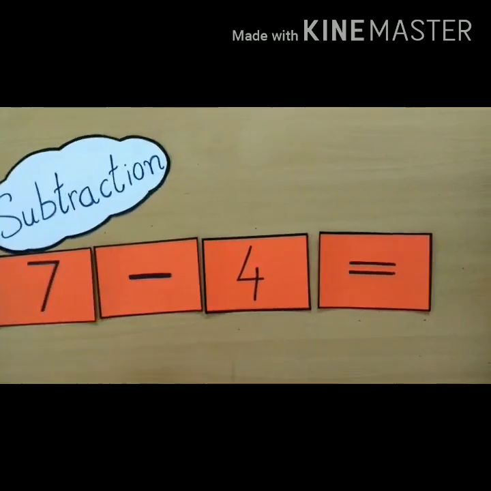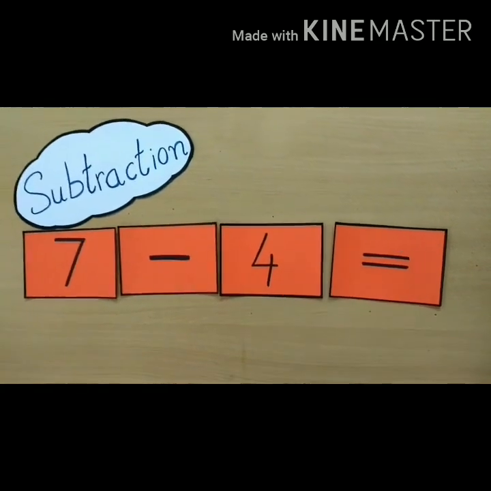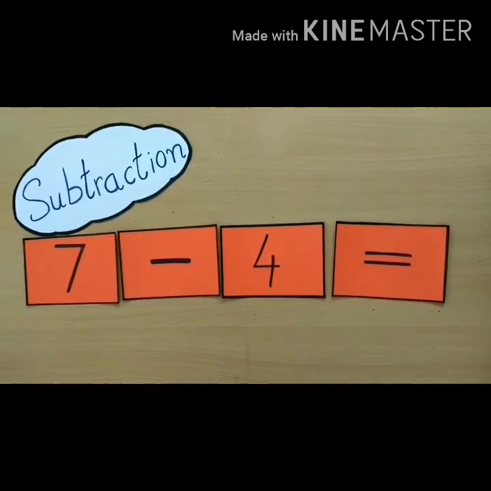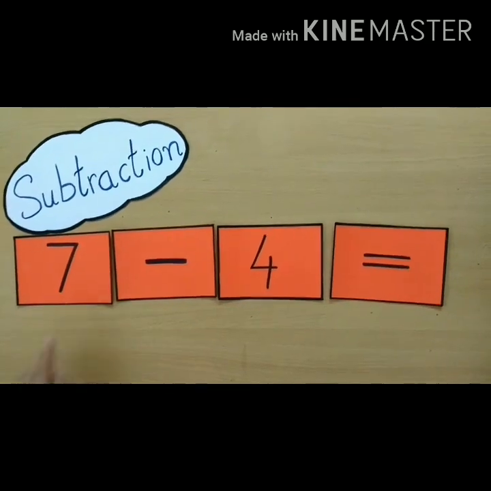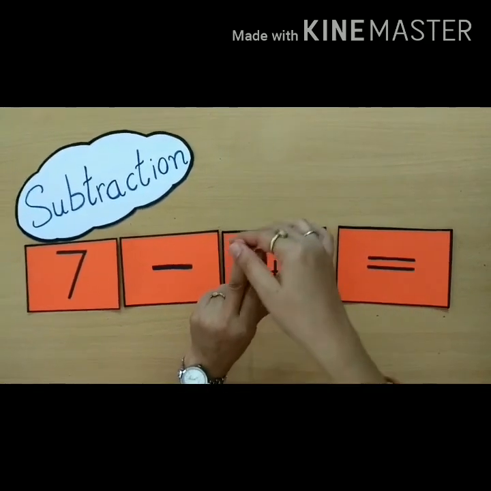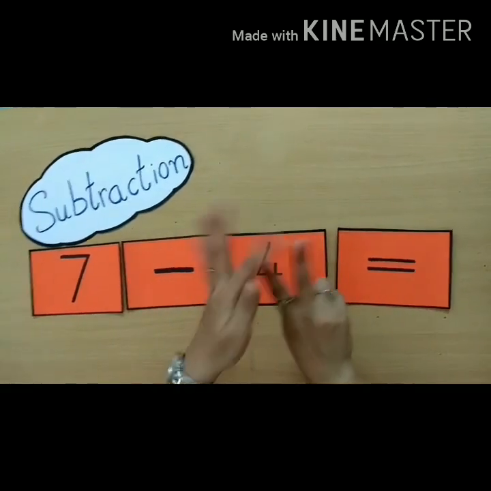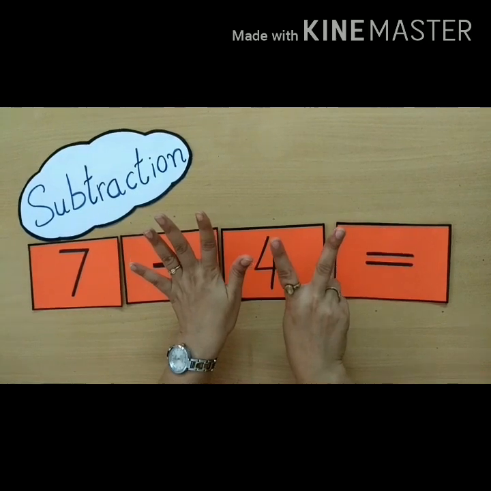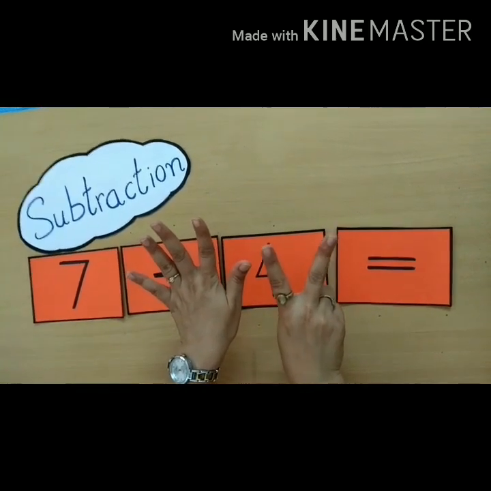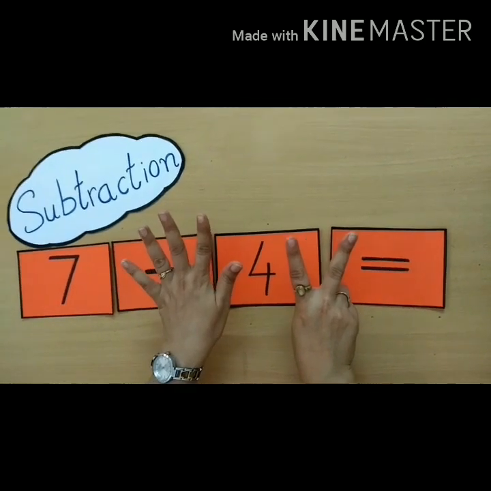Now next is 7 minus 4 equals what? Students, first we will raise 7 fingers. 1, 2, 3, 4, 5, 6, 7. Count again. 1, 2, 3, 4, 5, 6, 7.